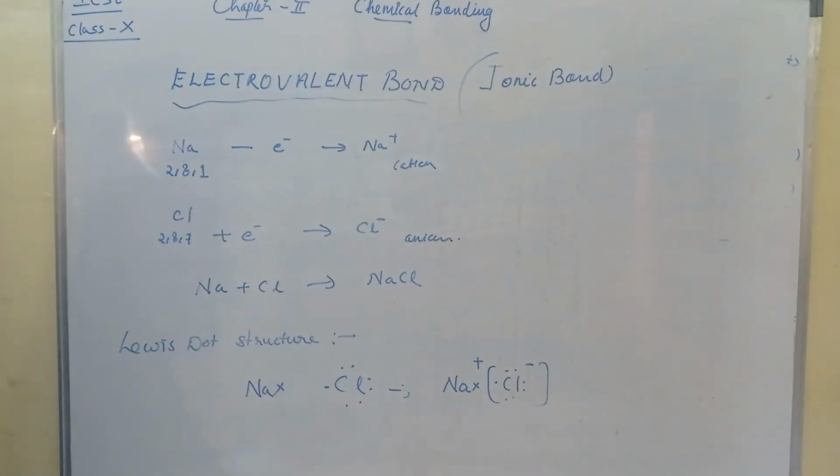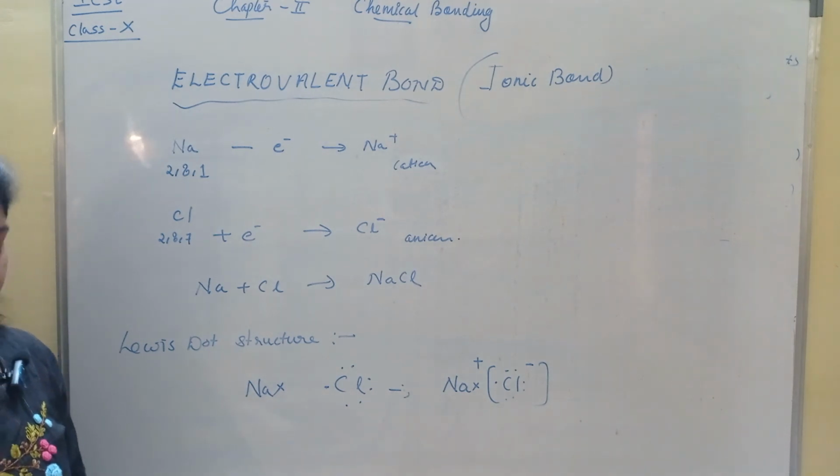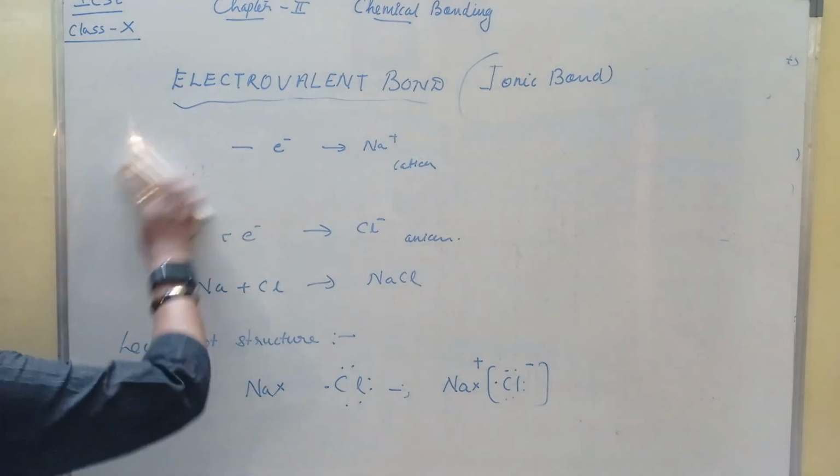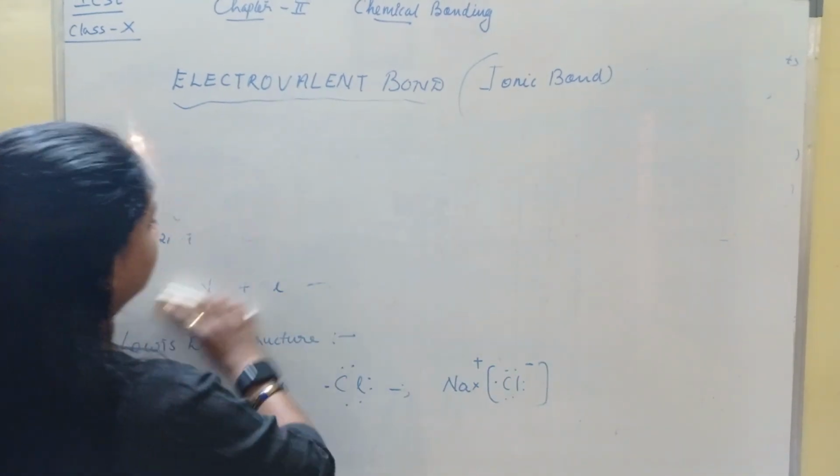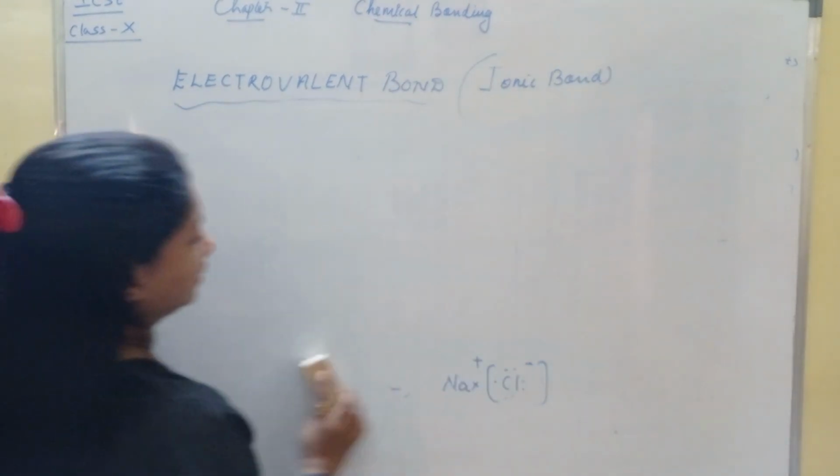This is the Lewis dot structure of sodium chloride. Next we will see magnesium chloride.